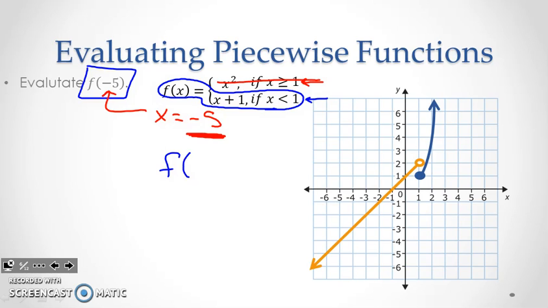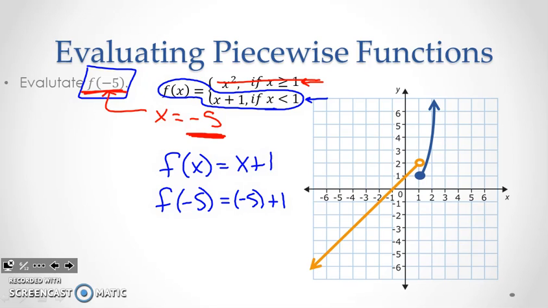So I'm looking at f of x equals x plus 1. F of negative 5 means I'm plugging in negative 5 for my x, so I get f of negative 5 equals negative 4.